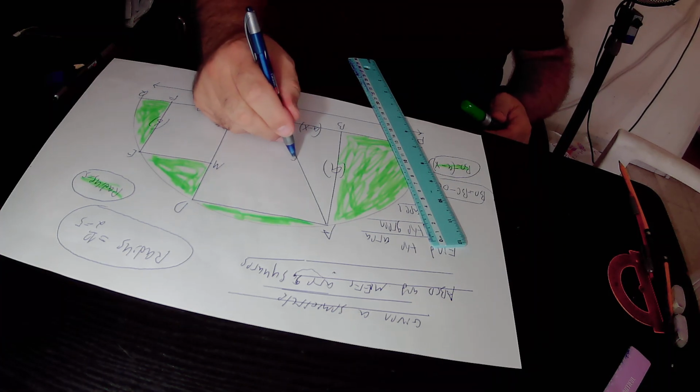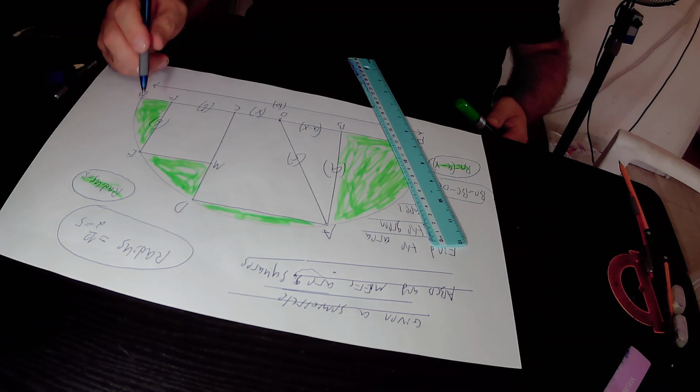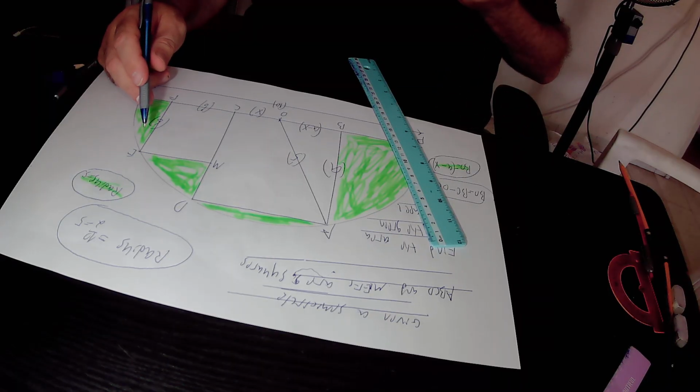In the next step, we join points O and E together by a straight line.